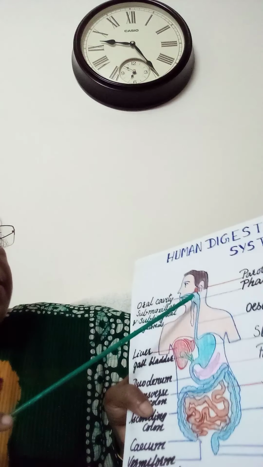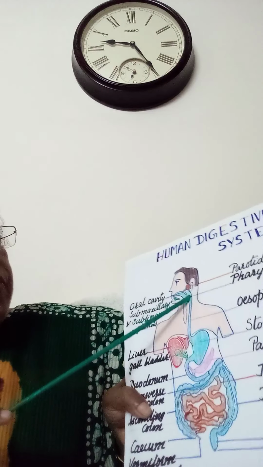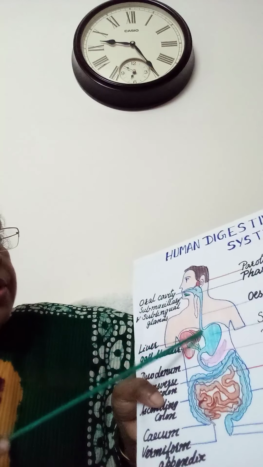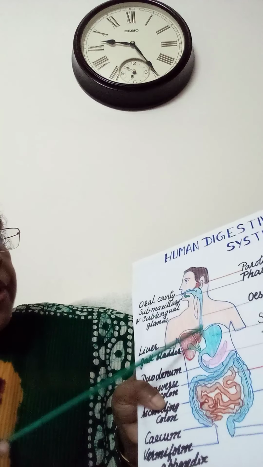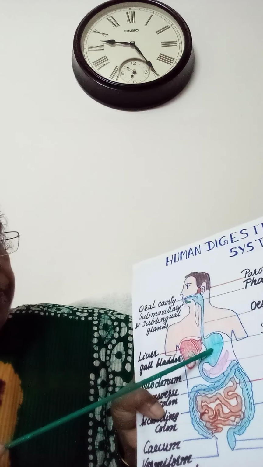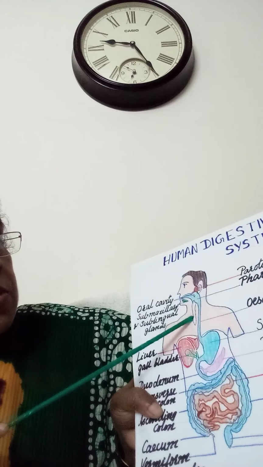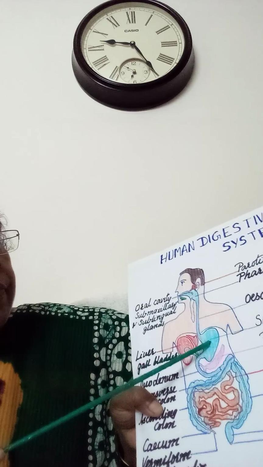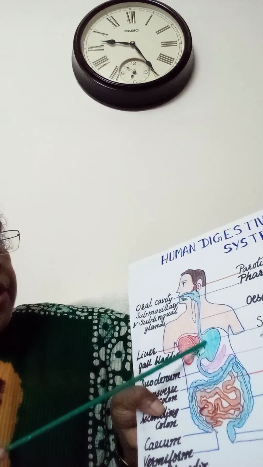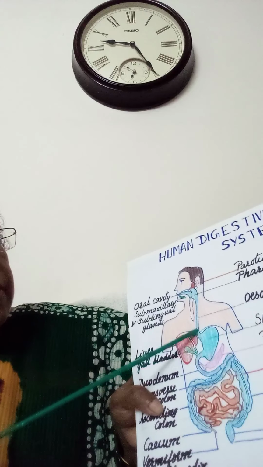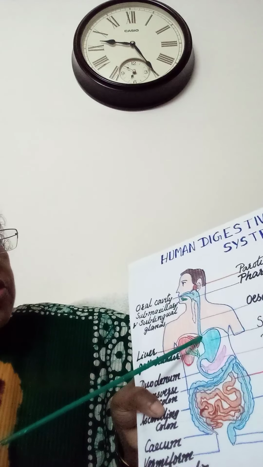During swallowing, food will be coming through the esophagus, then the sphincter will be opening and then it will be leading to the stomach. During vomiting also, the food contents will be coming through the gastroesophageal sphincter.